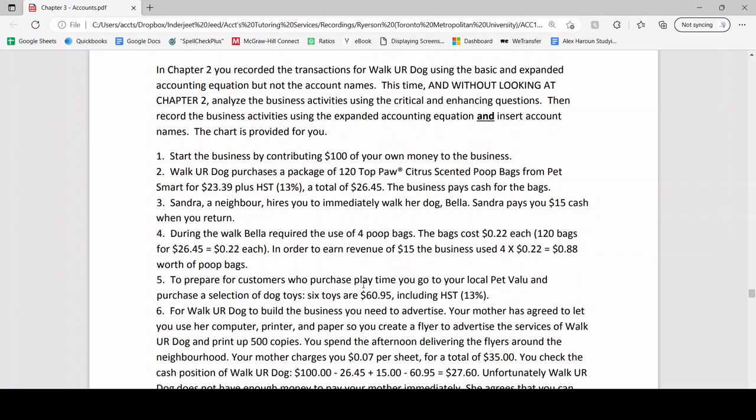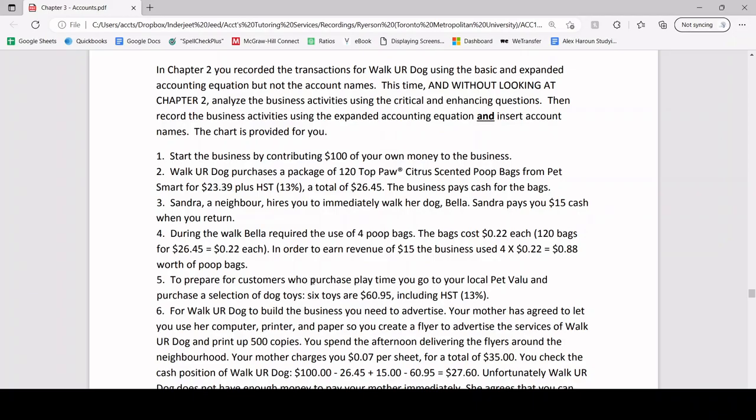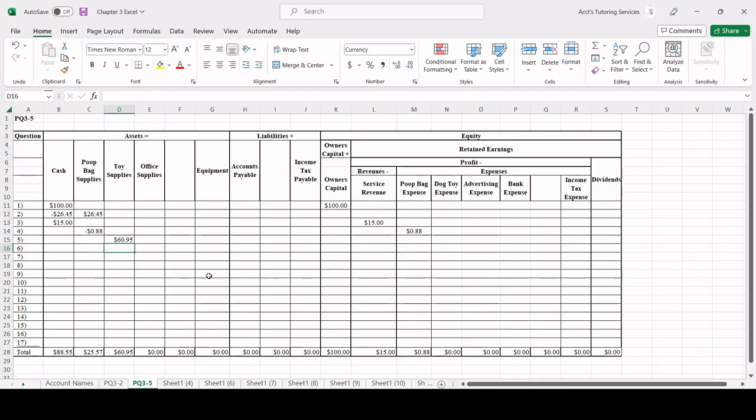So in this situation, we are going to increase toy supplies by 60.95. It says that we purchased, right? So how else are we going to purchase toys at your local Pet Value? We're going to pay cash. So think about this logically, correct? So that means now our cash is going to decrease by 60.95.